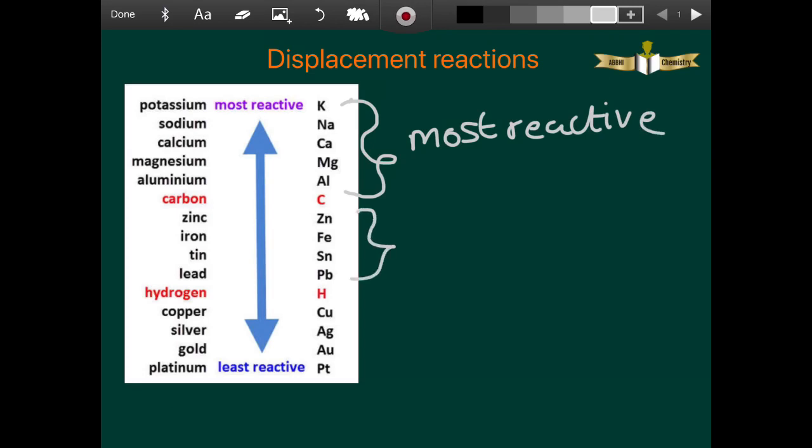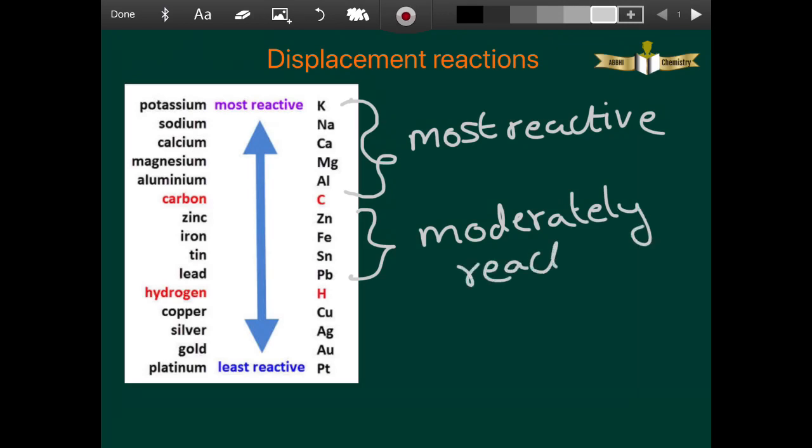From zinc to lead are moderately reactive. While copper, they are not reactive at all.